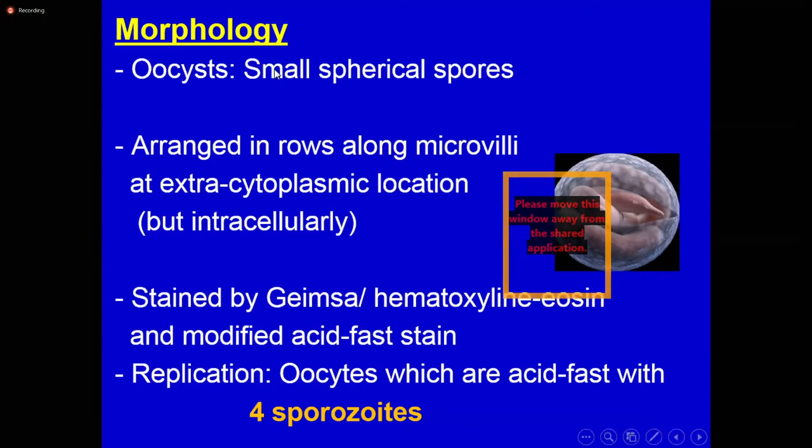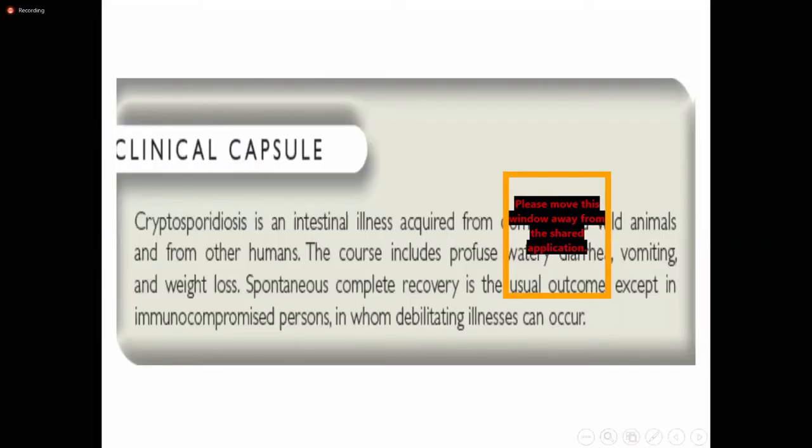Oocyst, as I said, small spherical. هذا هو small spherical. شو بداخل الاوسيست؟ سبوروزويد. 4 سبوروزويد. كيف نتعامل معها؟ اما بالجمزة هيماتوكسلين، والافضل وراح نشوف الموديفايد اسيد.